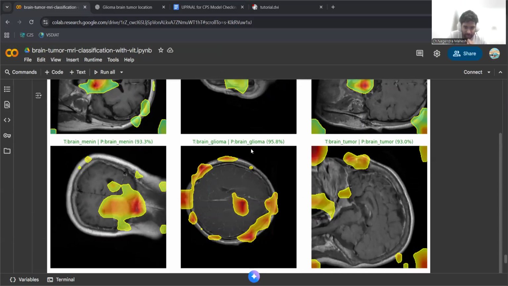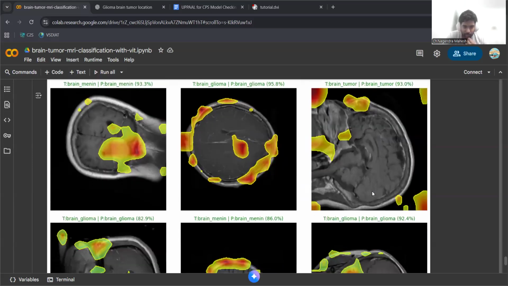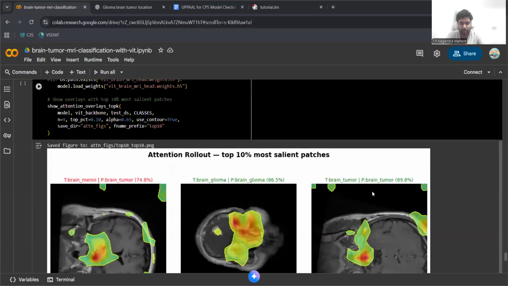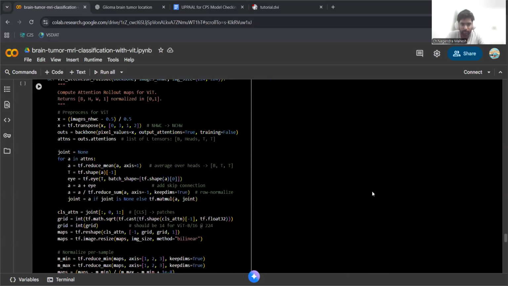And if the image consists of a tumor like this, then it will be considered a glioma. If the tumor is at the edges of the scan like this, then it will be a pituitary tumor. This is how the model recognizes the tumor and classifies it. So that's it.